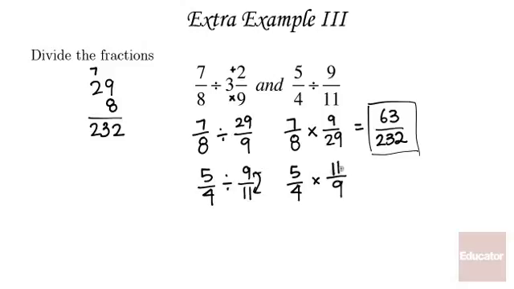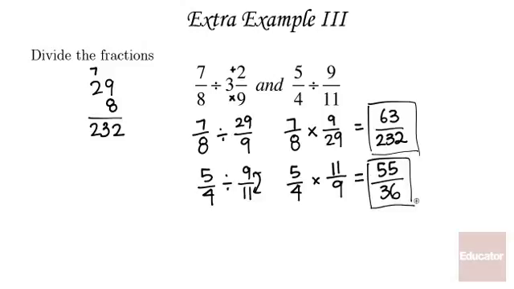And let's see, 11 with 9, no. 11 with 4, no. 5 with 9, no. So none of these have any common factors for me to cancel or cross-cancel numbers out. So then 5 times 11 is 55, and 4 times 9 is 36. And that is my answer.